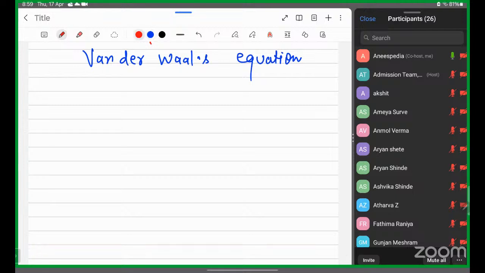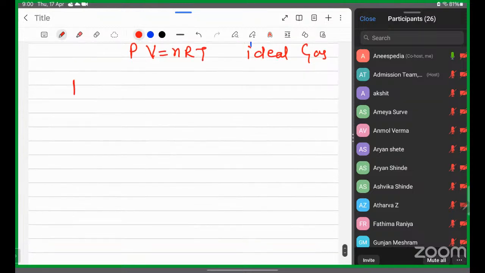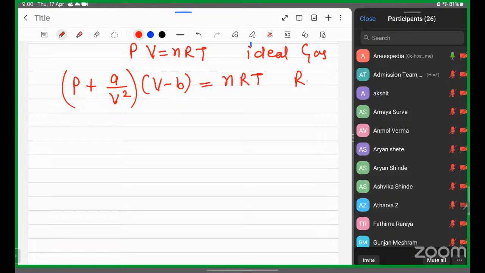So there will be certain changes in the ideal gas equation which will give us the van der Waals equation, and it will be valid for real gases as well as ideal gases. PV equals nRT is for ideal gas, and if you change the P parameter to P plus a upon V squared and the V parameter to V minus b, equals nRT, this will be the van der Waals equation for real gas.